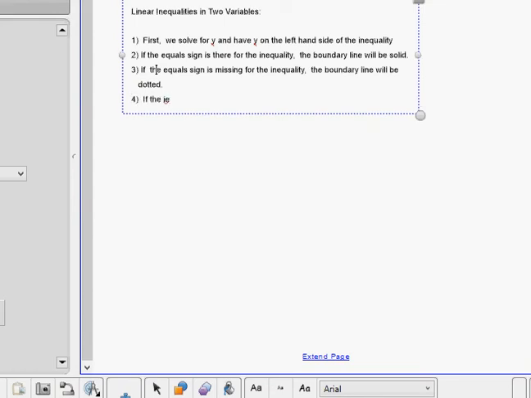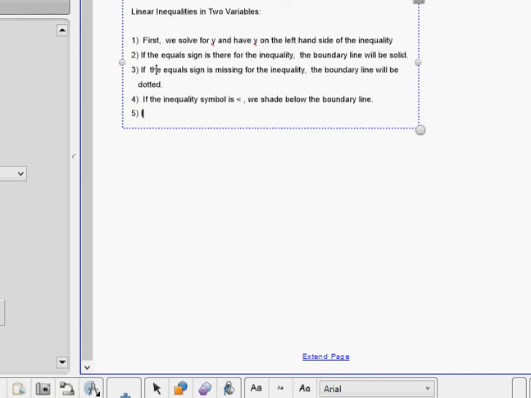If the inequality symbol is less than, we shade below the boundary line. If the inequality symbol is greater than, we shade above the boundary line.